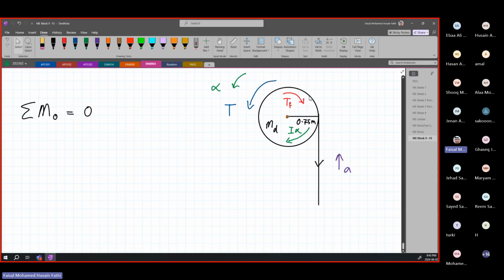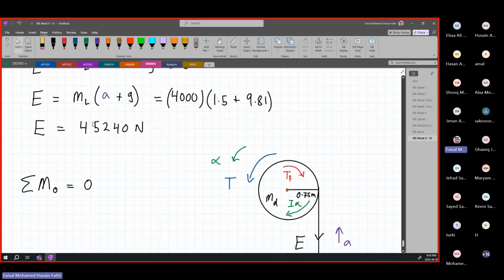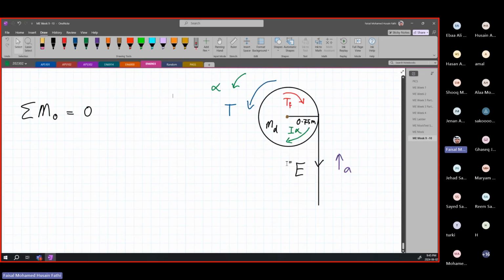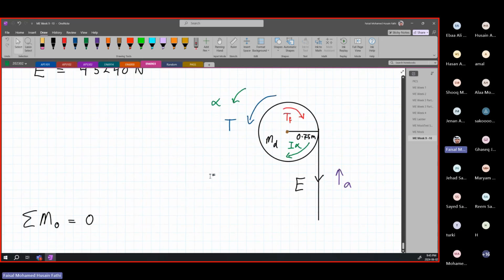Okay? Since this is going in counterclockwise direction, friction is going to be opposing it. I alpha is also going to be opposing it. And that's pretty much it. And the torque is in that direction. And we know that we have our force E down here, which we have already calculated, by the way, up here, 45240. But for simplicity for now, I'll keep it as E. All right. Before finding the moment, what do we need to find?